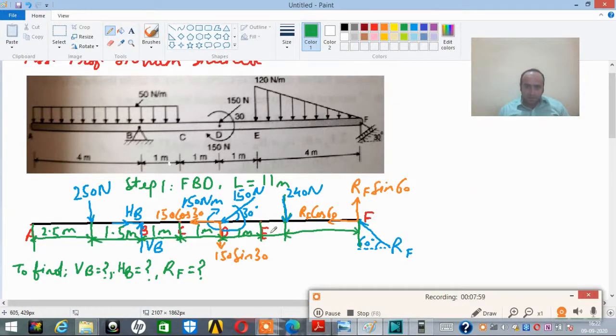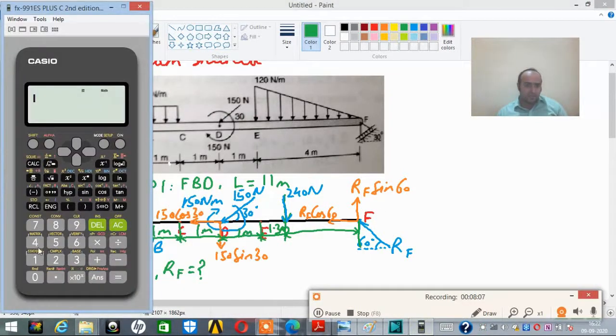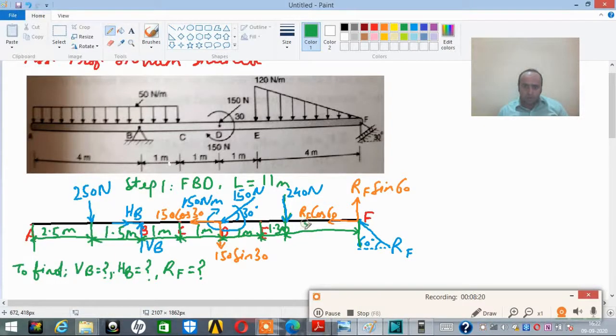This distance is 1.3 meters, so the remaining distance will be 4 minus 1.3, that is equal to 2.7. So the left out is 2.7 meters. Friends, let us just cross check whether the distance is totally 11 meters or not.